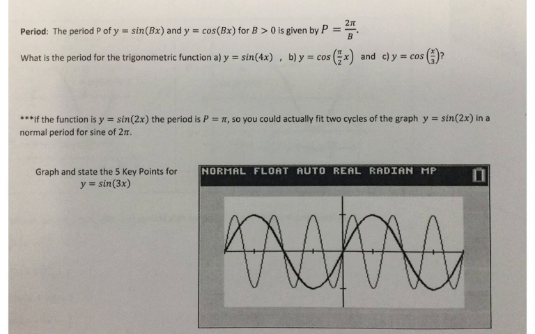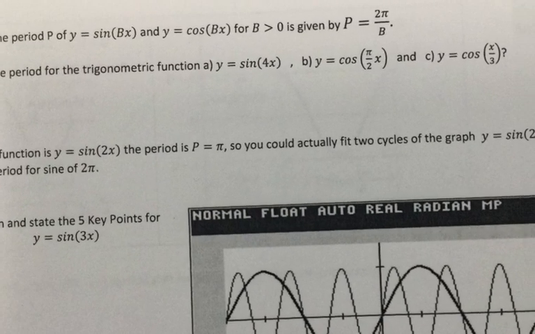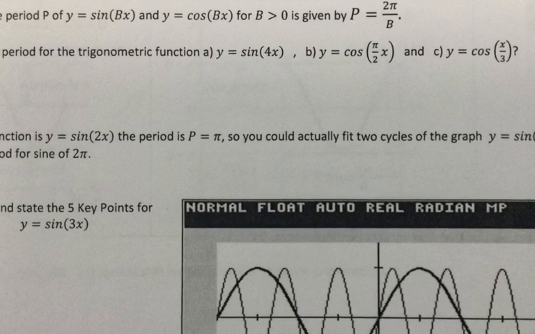So for the first one, I've got the function y equals sine of 4x. So here's the way I think of it in my head. What used to be the period of sine? It's 2 pi. And now, what is happening here as a transformation?